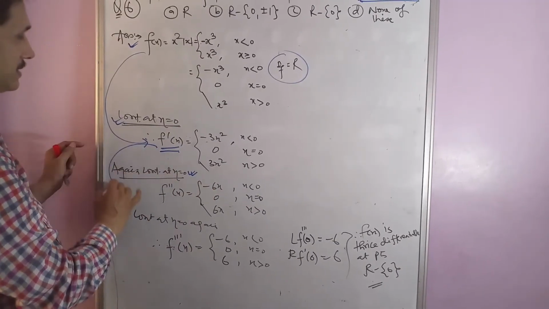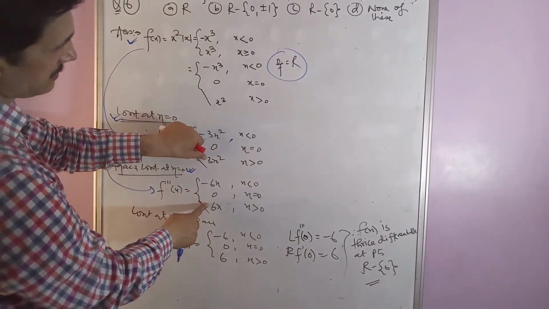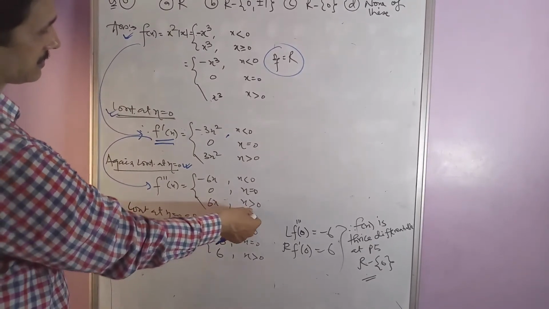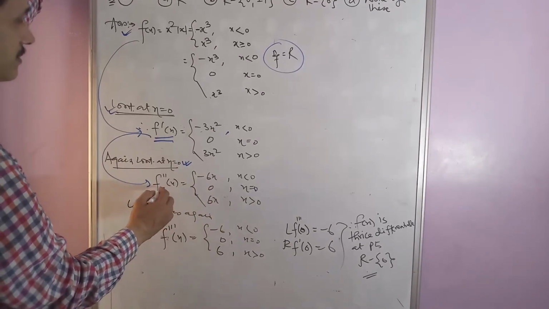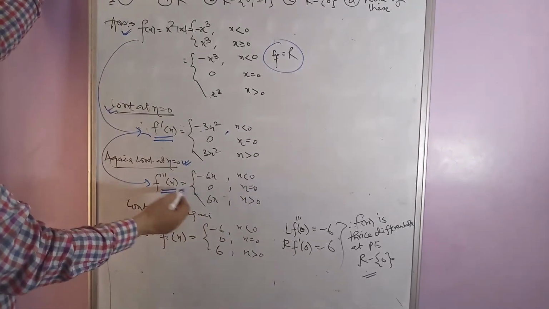We differentiate it again: minus 6x for x less than 0, 0 for x equal to 0, and 6x for x greater than 0. Again we check continuity of the second derivative of f(x) at x equal to 0.